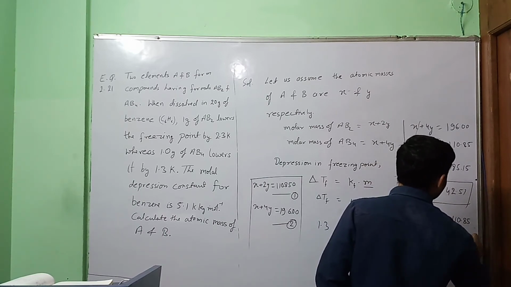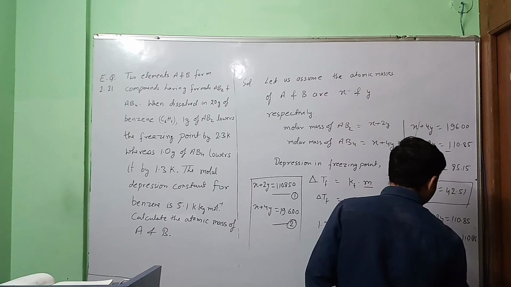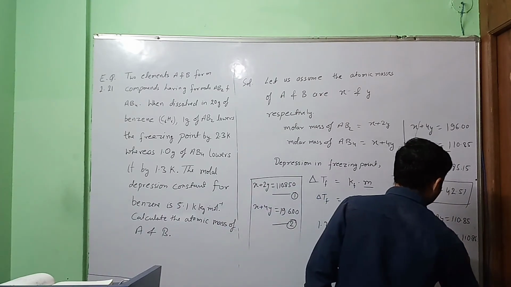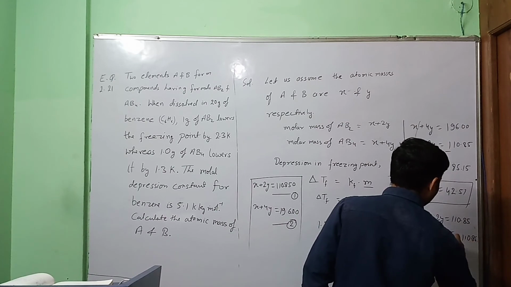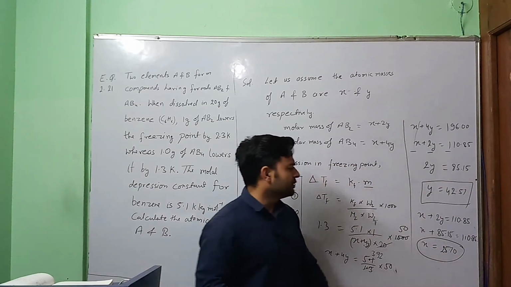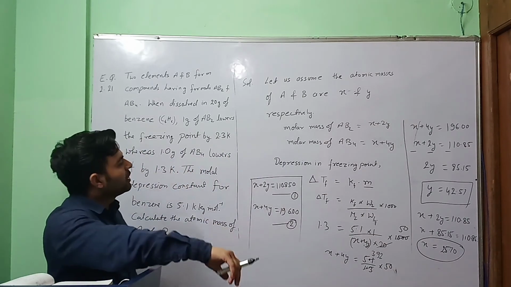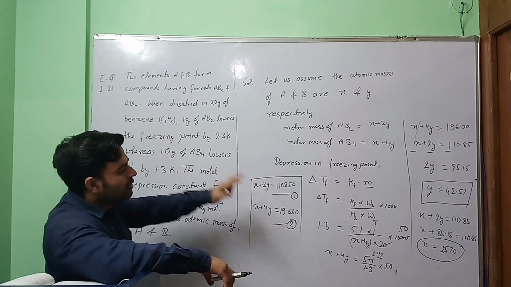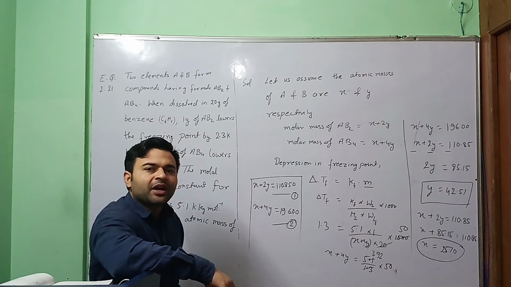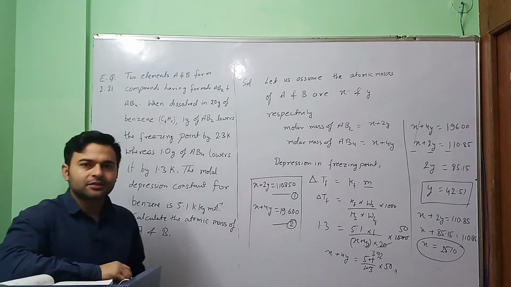From here we'll get X equal to 25.70. So from here we can write molar mass of A is 25.70 and molar mass of B is 42.57. So this will be the answer to the question.